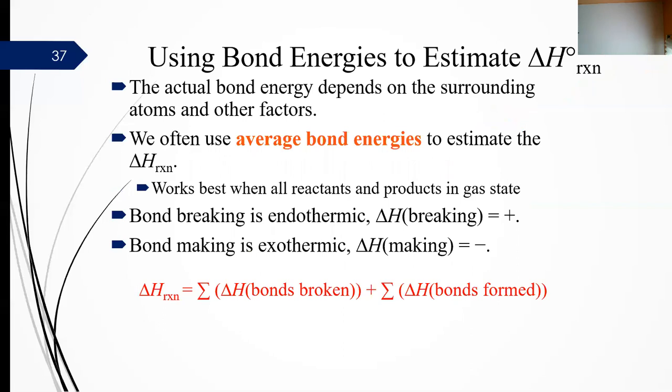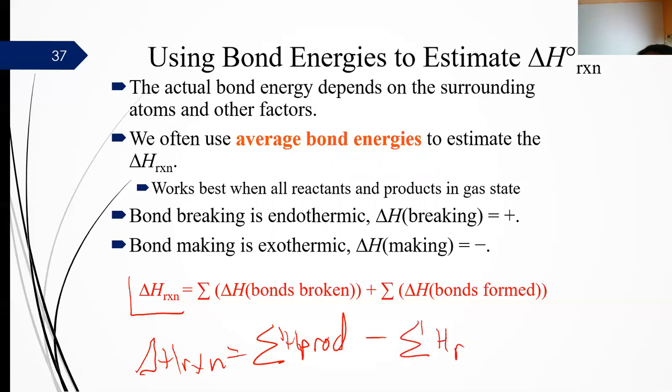So we can use this method to estimate a delta H. Now, the part to remember with this is that they end up being a slightly different formula than our normal one. Our normal reaction is delta H is the sum of our products minus the sum of our reactants. When we're doing average bond enthalpies, the part to remember is that we always are given the energies as being positive.